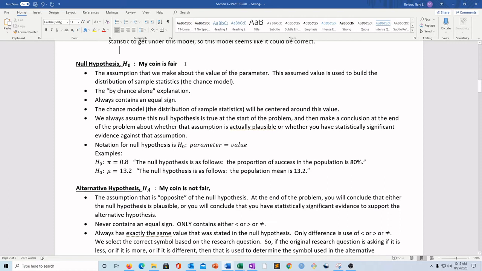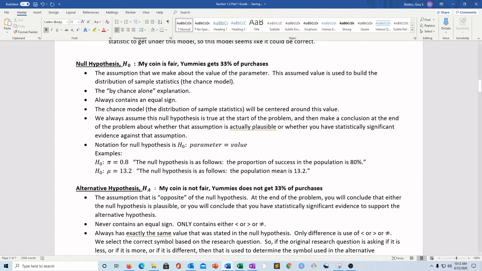Okay. What was the example we were just doing? Yummies gets 33% of purchases. What was the opposite of that? Yummies does not get 33% of purchases. Right?